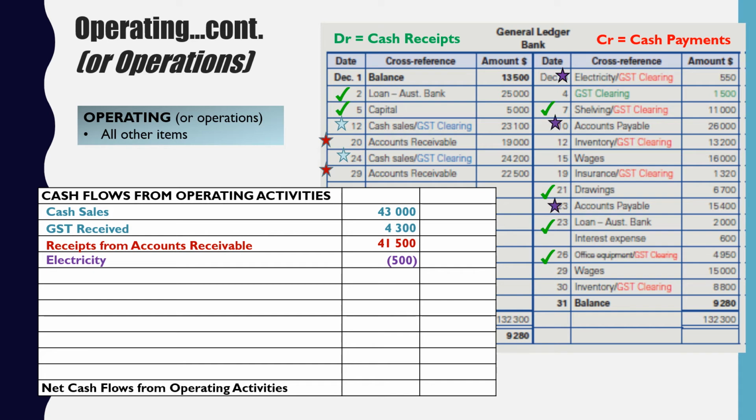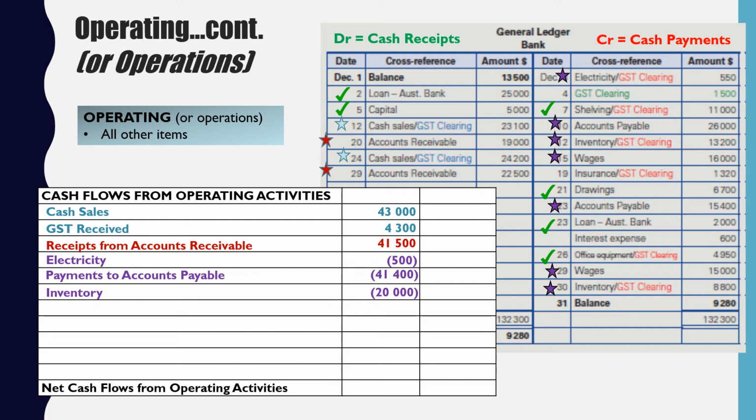On the 10th and 23rd of December, we have payments to accounts payable totaling $41,400. Then on the 12th and 30th of December, we have purchases of inventory totaling $20,000, again excluding GST.